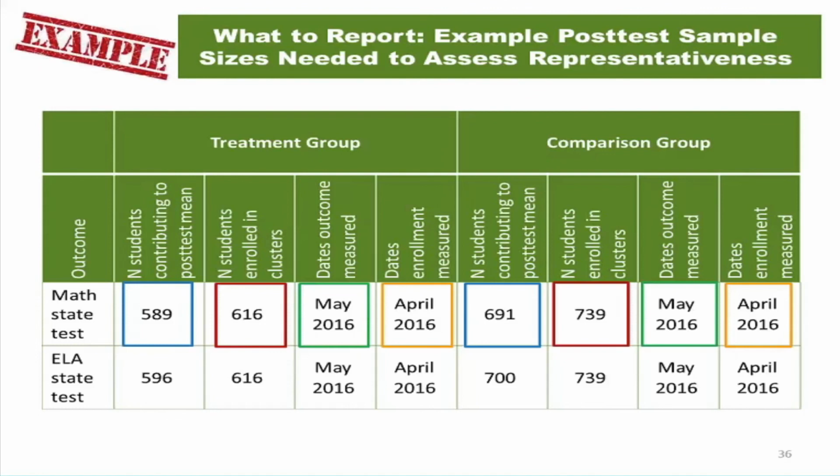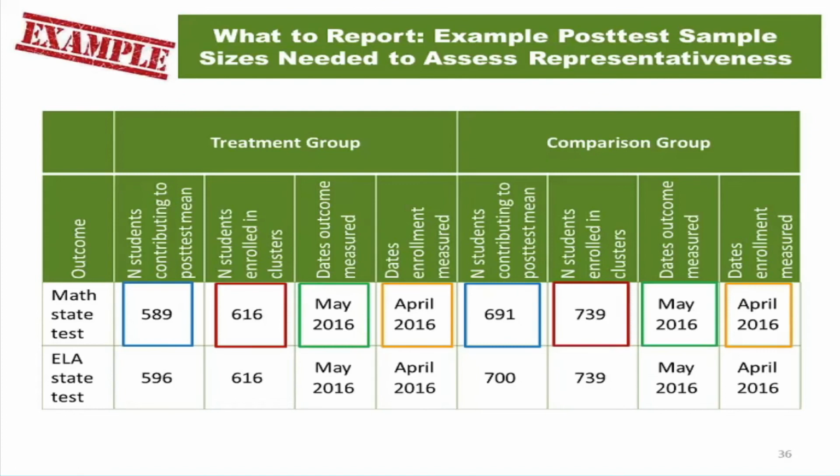And as was the case for attrition, this sample size information is sufficient for the WWC to calculate representativeness rates, regardless of whether you calculate and report representativeness. So representativeness is calculated just like attrition is. It's the percentage of students enrolled in clusters who do not contribute to the post-test or baseline mean.